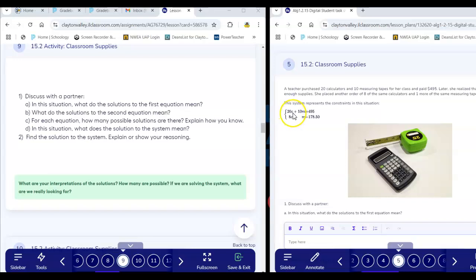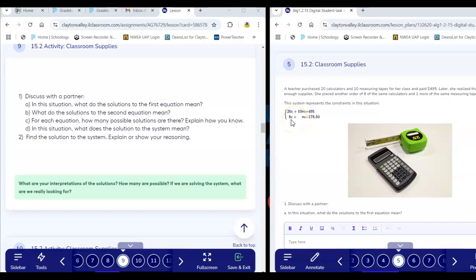Well, what this means is just like with our trail mix examples, C and M represent all of the combinations of measuring tapes and calculators that can be bought for our constraint of $495. So as long as the answer equals 495, we're good.